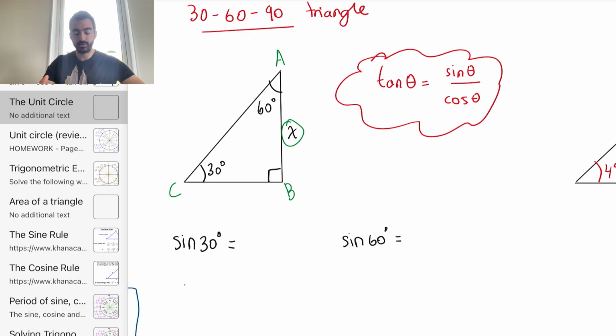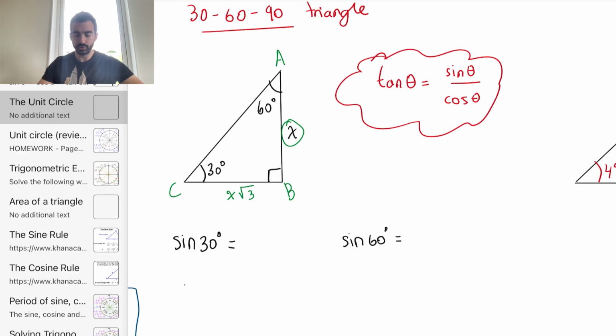Opposite the 60 degrees we're going to have root 3 times x, or x root 3. So it's root 3 times bigger than x. That is the opposite side of 60.